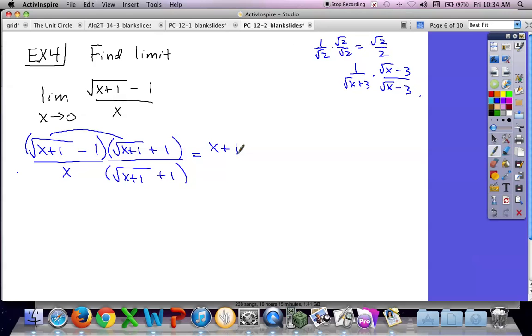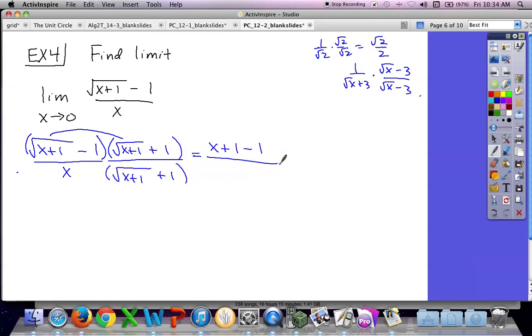Now, the middle 2 terms, which I'm not going to write down: the next one would have been the square root of x plus 1 times 1, and the next term would have been the square root of x plus 1 times negative 1. They're opposites. They cancel. That's why we're doing this, so that the middle terms cancel. And then we still have the negative 1 times 1, which is minus 1.